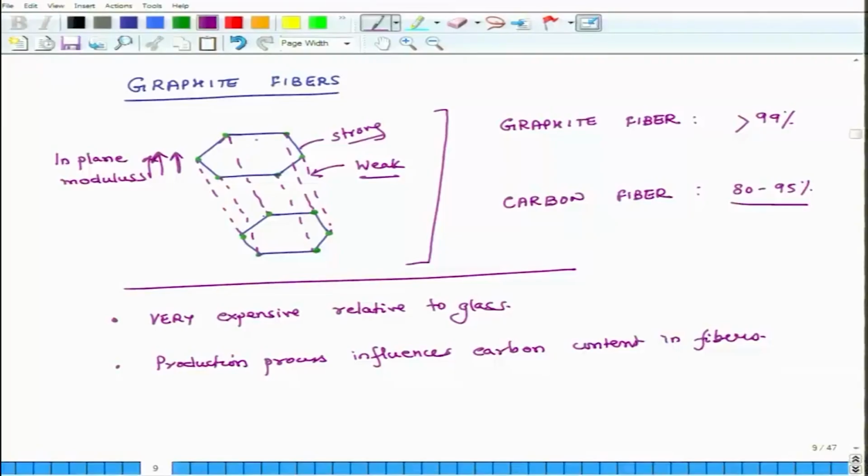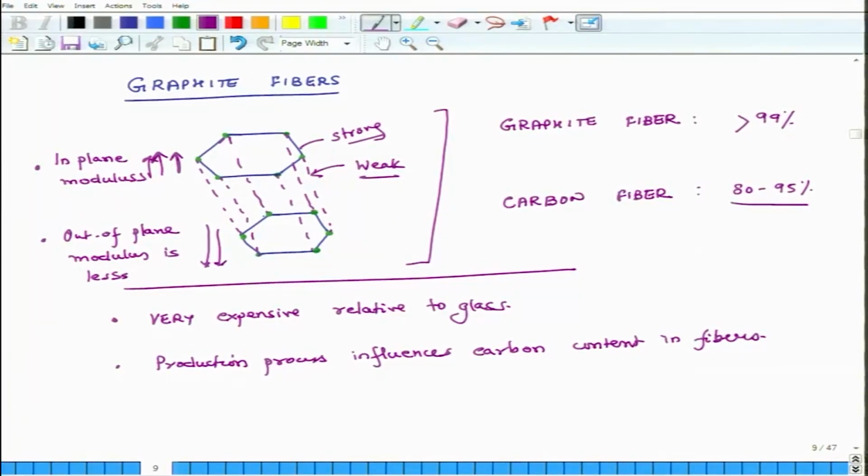So, in plane modulus, which means in the plane of these rings, the modulus of the material and also the strength is very high, but out of plane modulus is less. So, it is not significant.